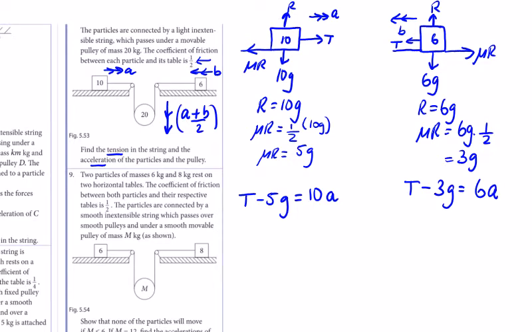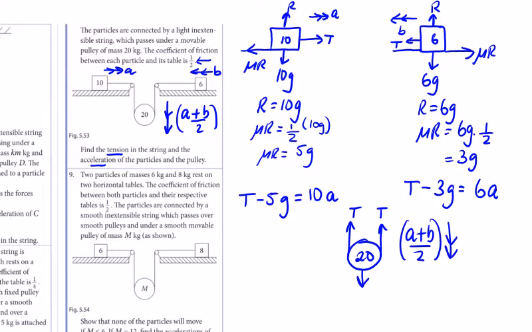And then my 20 in the middle, which has two strings. It's going down with an acceleration of (a plus b) over 2. And the weight going down is 20g.